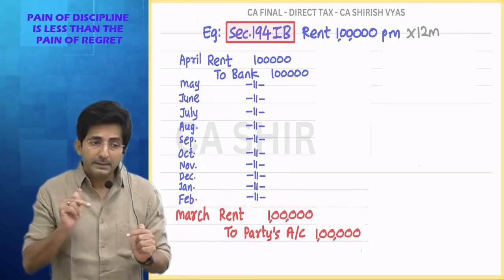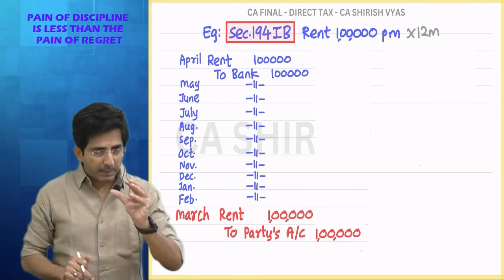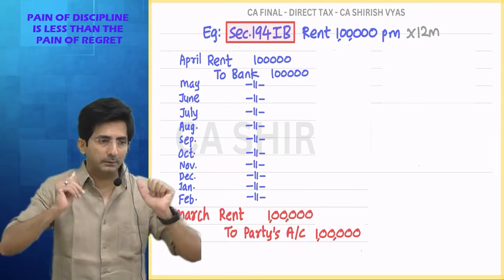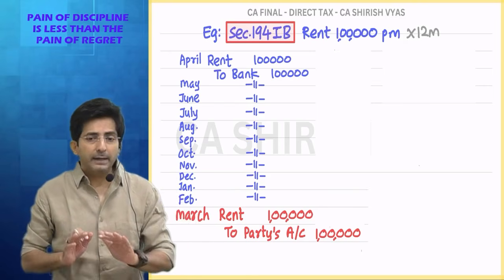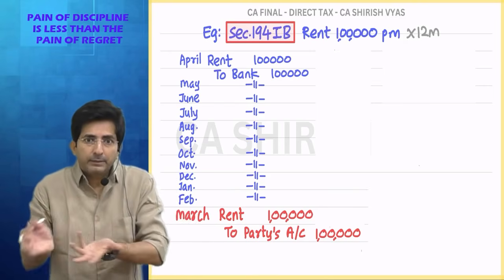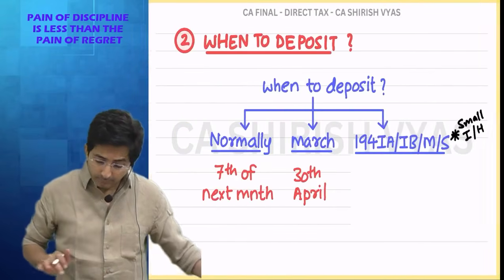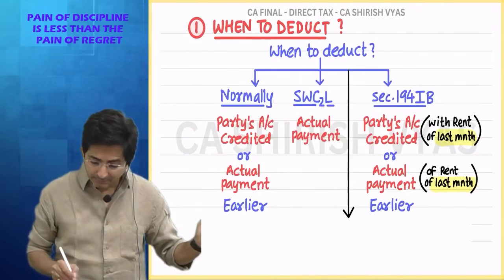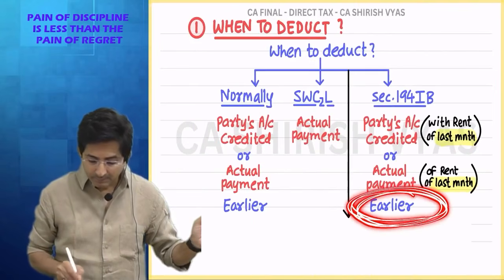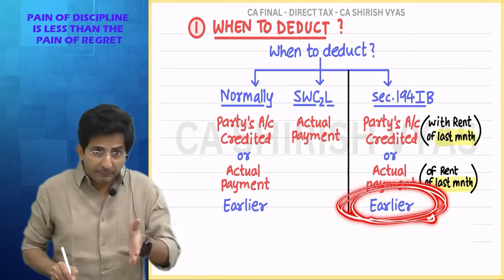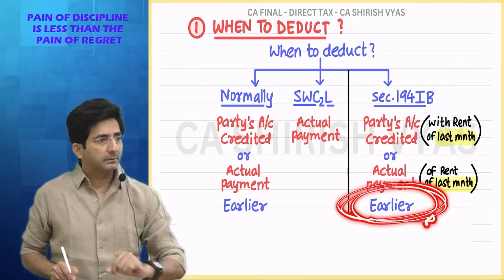But now again there is a timing: when the party's account is credited with the rent of March month, and when the rent of March month is actually paid, whichever is earlier. See, the concept of whichever is earlier is there. But do you have to do whichever is earlier every month, or only once? Only once.